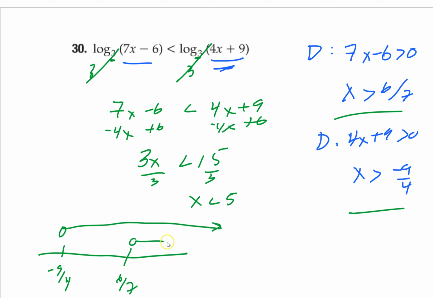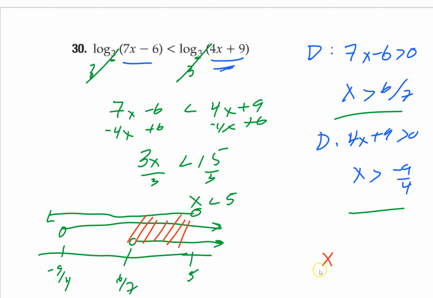Same idea, it's going that way, and then 5 going the opposite way. Remember, the way this works is where's everything overlapping? That's right here, from here to here. So my answer is in between 6/7 and 5, the only place I could actually have an answer. So x is going to be between 6/7 and 5. And that's the idea.